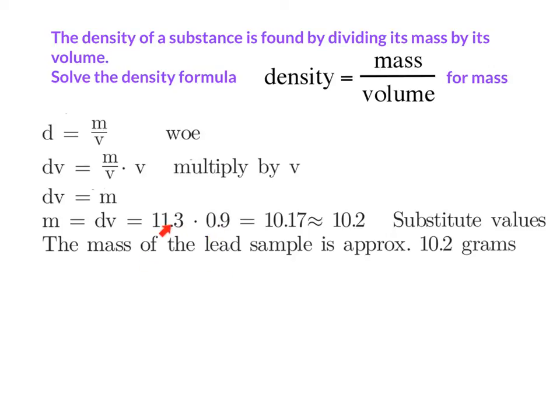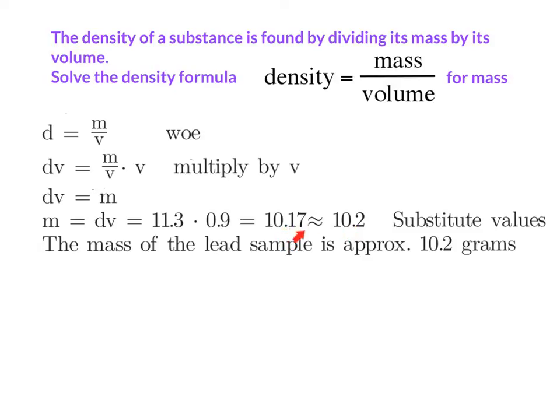So when we plug in the 1.3 grams, which is the density, and multiply that by the volume, which is 0.09, we get 10.17, which is approximately 10.2 grams, because we rounded up.